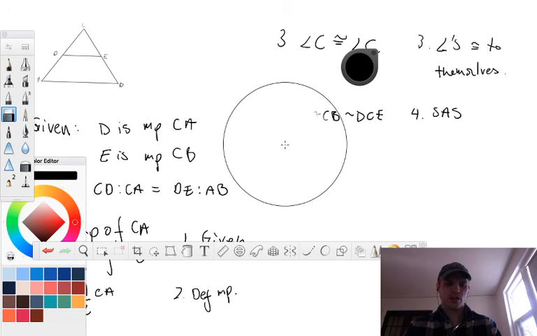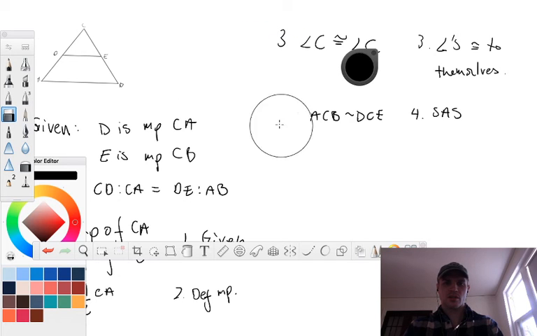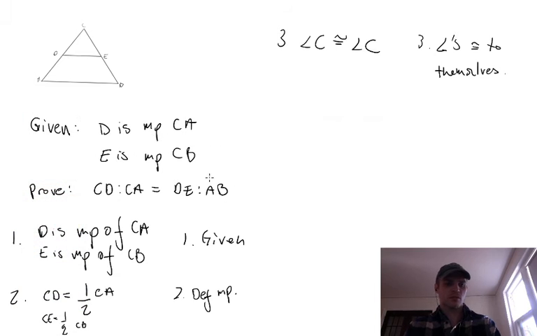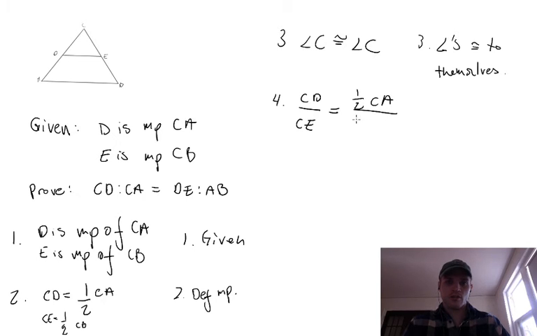So I just paused it to think about this for a second, and I actually want to say one more thing in here before I say this, because it may not be obvious to whoever is reading your proof that this is true. So let's look at, since CD is equal to 1/2 CA, then the ratio of CD to CE is equal to 1/2 CA over 1/2 CB.